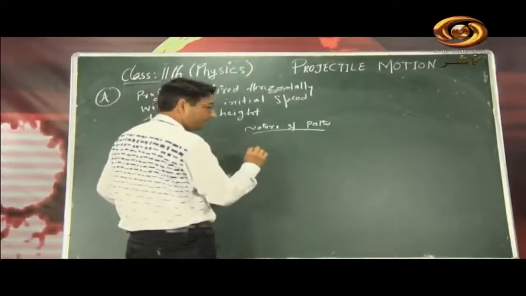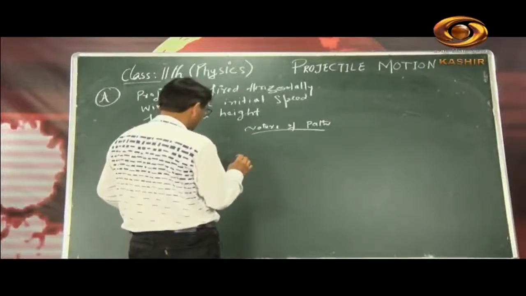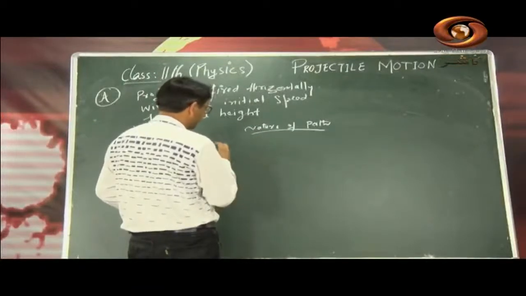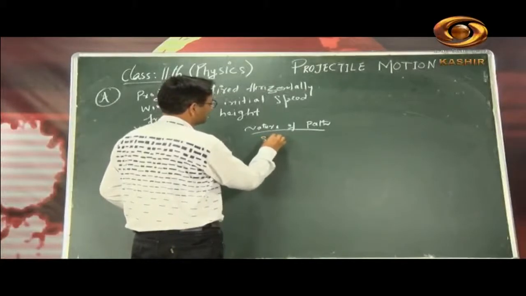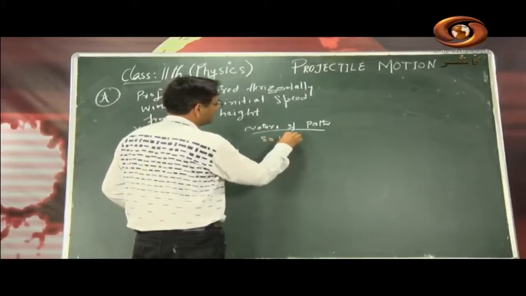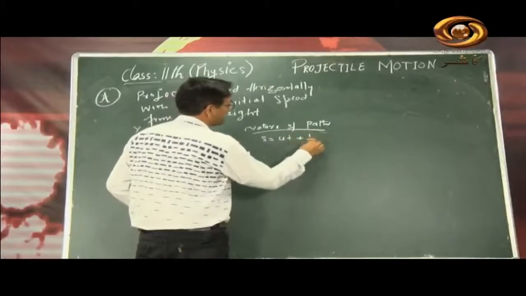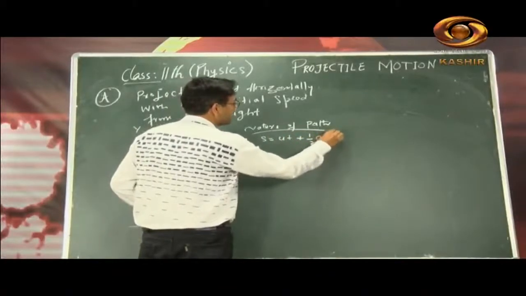Here there is a displacement coordinate. You know the equation of motion s = ut + ½at², the equation of motion for displacement.